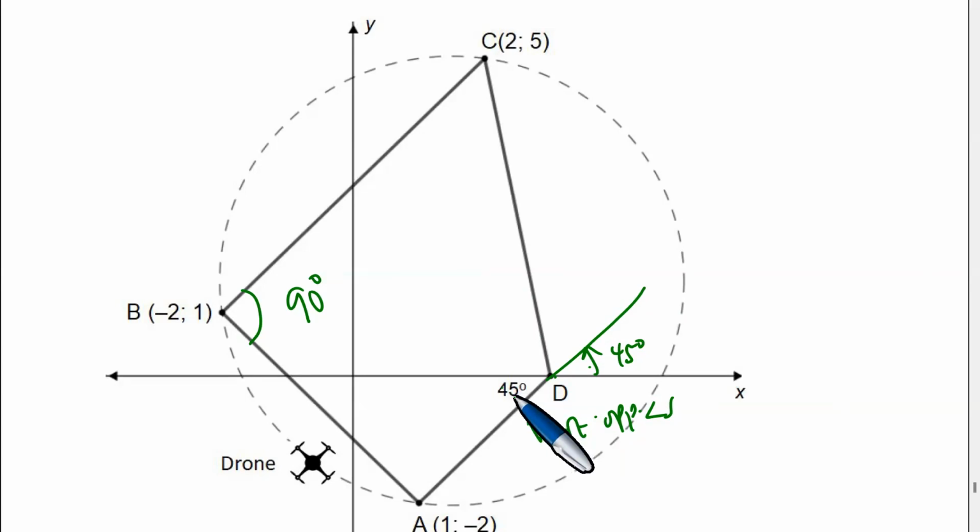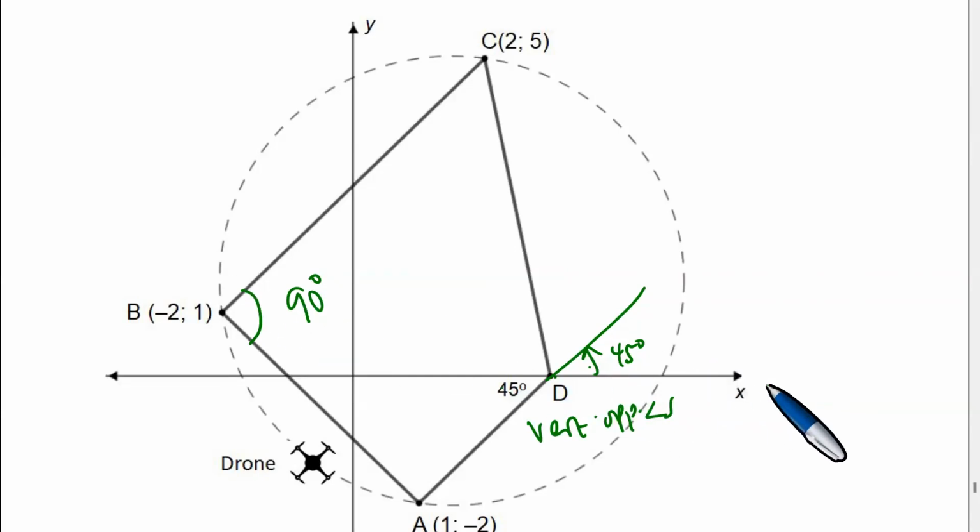And if that is 45 degrees, and you want these to be sitting exactly here, this is already 90, so CDA is going to also become 90 degrees.